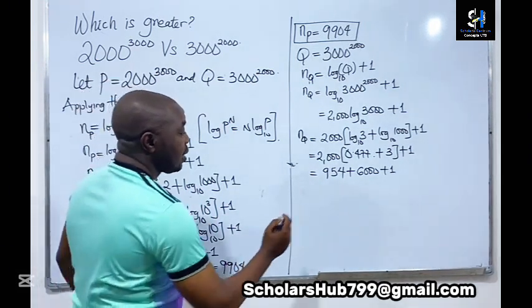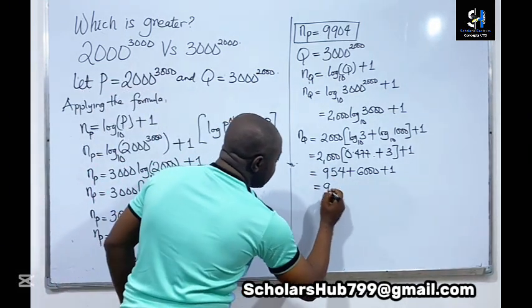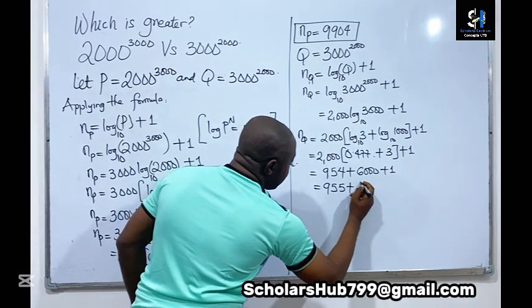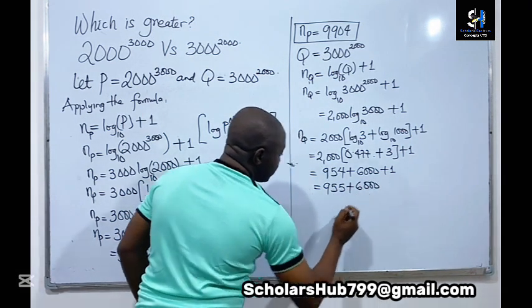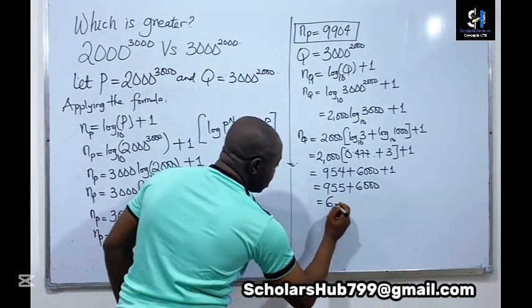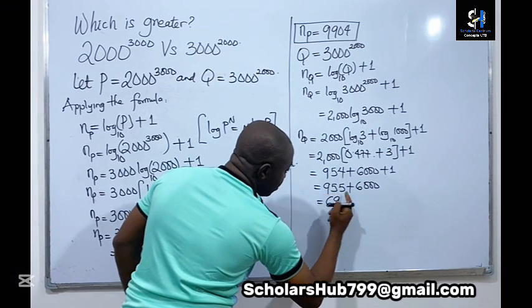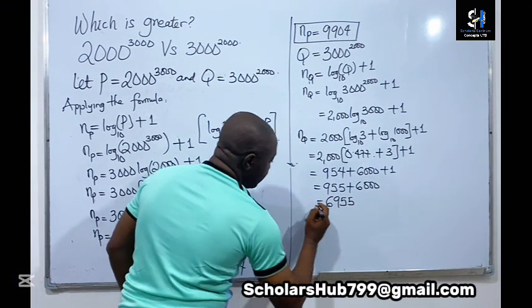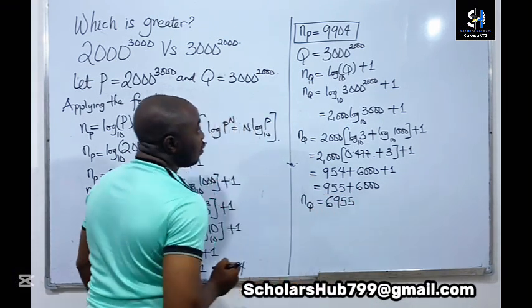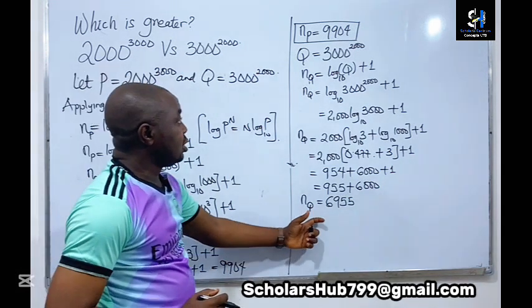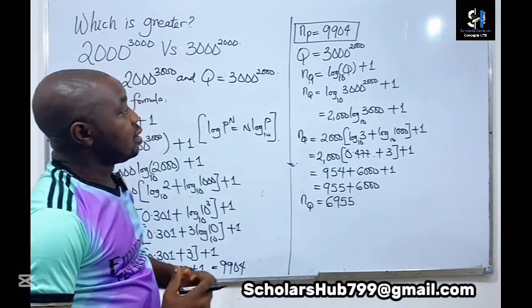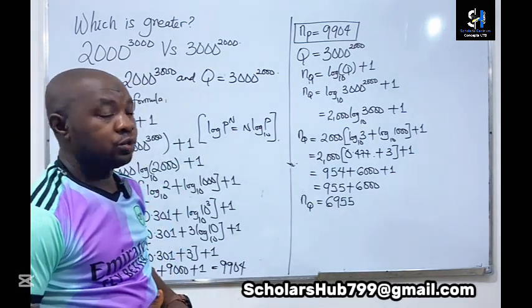Now if we add, this will be 955 plus 6000. So this is going to be 6955, which is the number of digits in 3000 raised to the power of 2000.